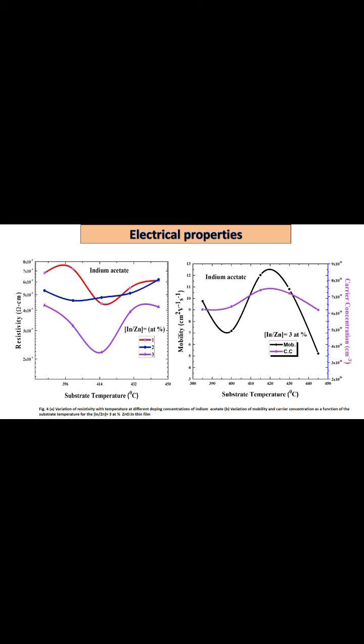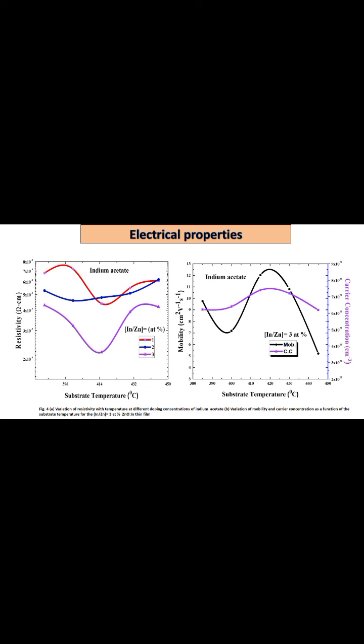The minimum resistivity value reached for films deposited from solutions with 3% ratio was 2.2 times 10 to the minus 3 ohm centimeters.